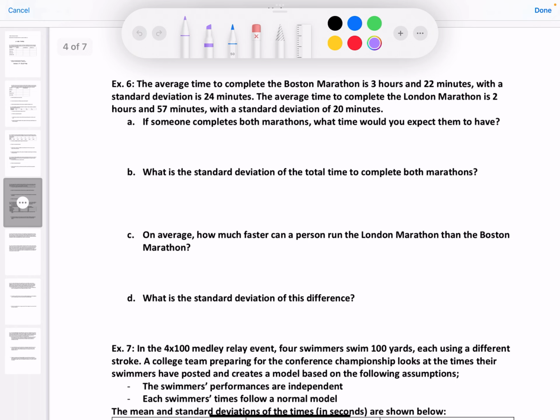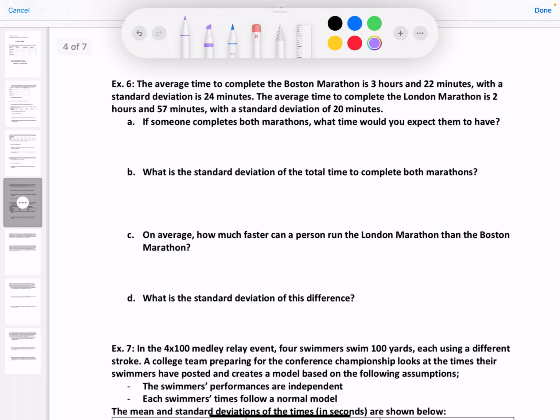So it's 3 hours and 22 minutes, standard deviation 24. The London average is 2 hours and 57 minutes, standard deviation 20 minutes. For this one, I just want the expected time, which would be the average. The next question, I want the standard deviation.